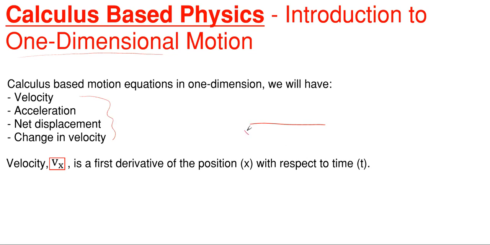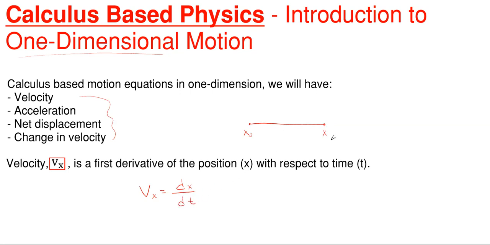So x will be at its beginning, which is typically labeled as x sub o. Anytime you see the o or the zero there, it means initial. So this would be our initial placement, and then this would be where we are looking at our position x along that line. Your velocity equation, v sub x, would just be the first derivative of your position x with respect to time.